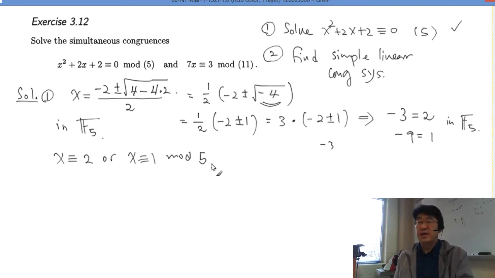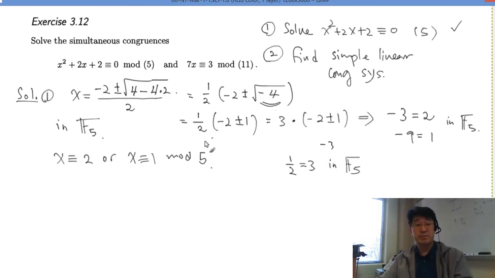So I solved the quadratic equation. Hope it makes sense. The square root underneath is the square root of -4, but it's mod 5, so it's the square root of 1. The square root of 1 is plus or minus 1, so plus or minus 1 there. And 1/2 is the multiplicative inverse of 2, which is 3, right? 1/2 is 3 in F5, so I replace 1/2 with 3 in there.